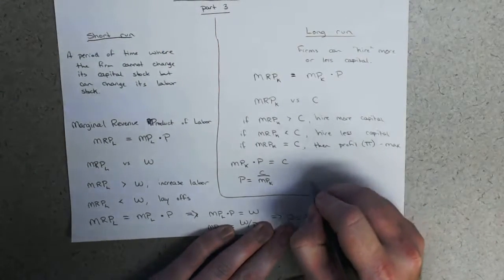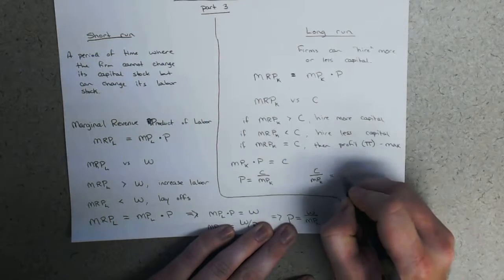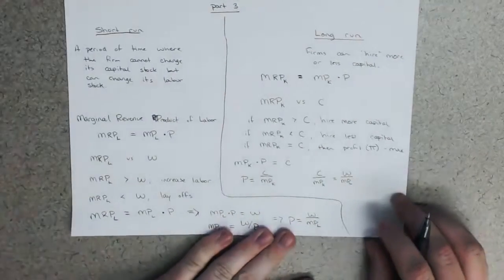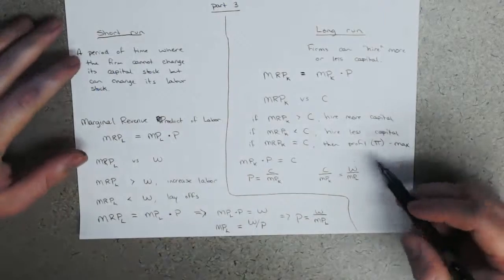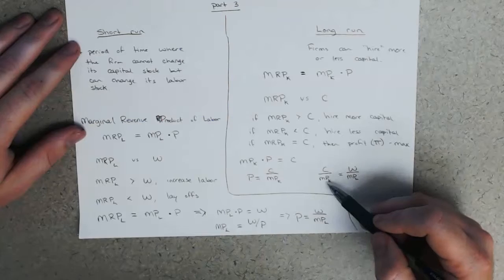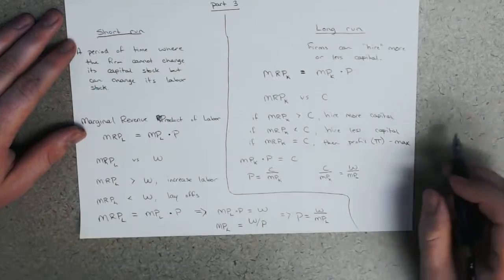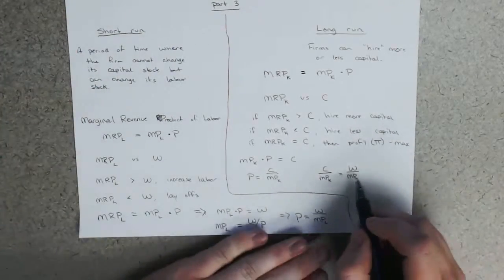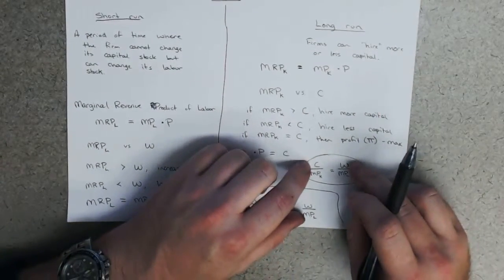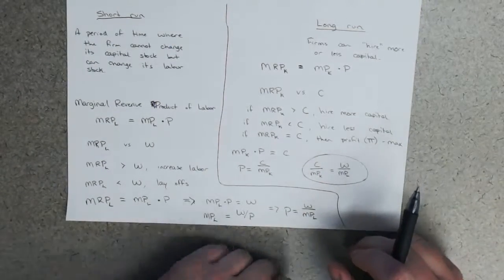And so we have C over MPK equals W over MPL, which is telling us that the ratio of the marginal productivity to the wage has to be exactly equal to the marginal productivity of capital to the cost of capital, right? Which is kind of cool. So in the long run, profit is maximized when the marginal productivities of these things, assuming that these costs are the same, when the marginal productivities are also the same, which is kind of a really cool thing.